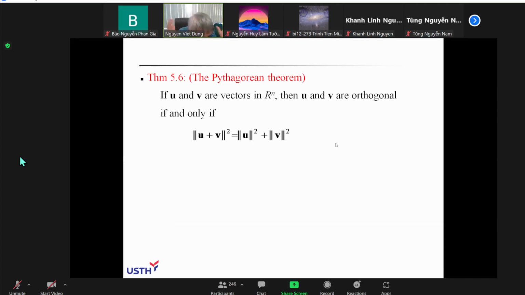And you are invited once again to illustrate that equality by considering two vectors u and v on the plane, and u and v are orthogonal to each other. Then you will see that one is exactly the Pythagorean theorem you know already from high school.